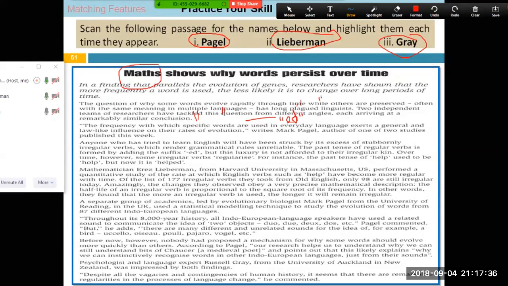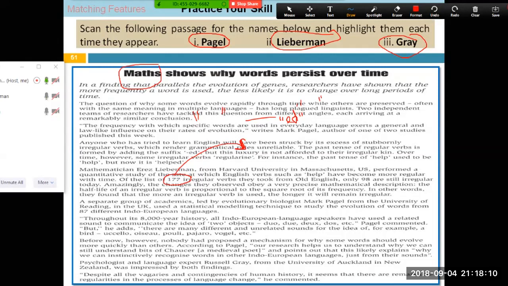So they were studying 177 irregular verbs of the English language, and they observed that some of those irregular verbs became regular over the period of time, like maybe in a century or so. Then they found that all those verbs which were used very frequently didn't change their shape.